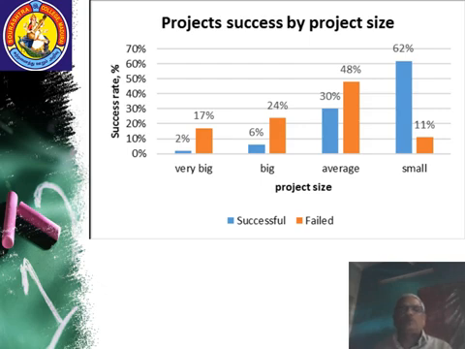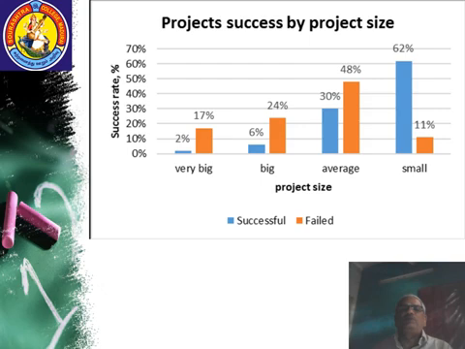Yes, students, let us see this diagram, which represents the success rate of your project by its size. It shows the success rate, the project size, and the percentage of successful and failed projects. When you take a small project, the success rate is 62% and the failure rate is 11%. For the next, average project size, the success rate is 30% and the failure is 48%.